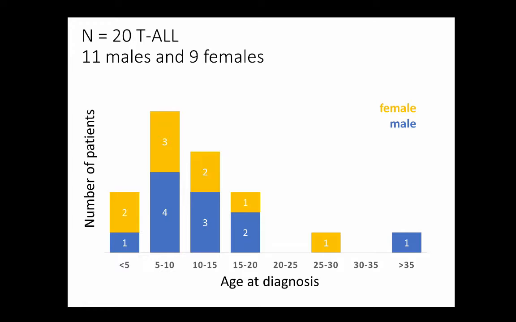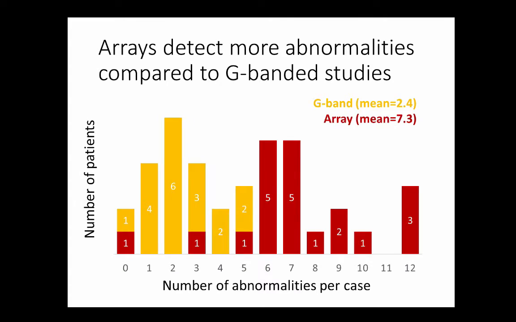Just looking at demographically what those patients look like, consistent with the fact that most TALLs are in the adolescent population, we saw the majority of our patients were quite young, with a median age of about 10, and were evenly split between females in gold and males in blue.